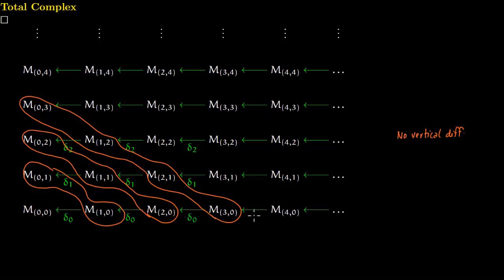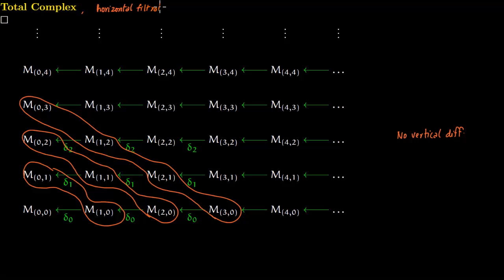And whenever someone says consider the vertical or the horizontal differential, they have either the vertical maps or the horizontal maps in mind. So this is a total complex if you just have horizontal filtrations. So total complex obtained from horizontal filtration. So most likely it will not have any vertical maps.